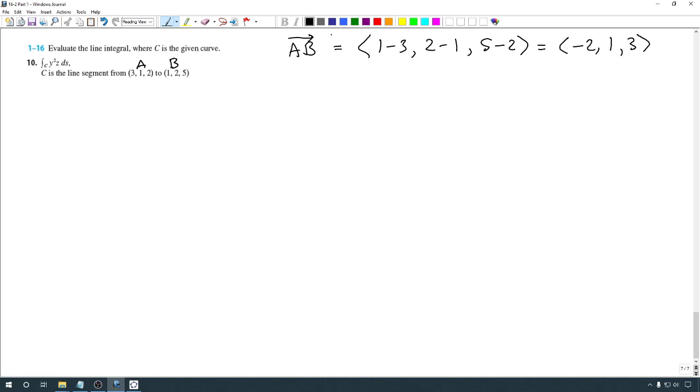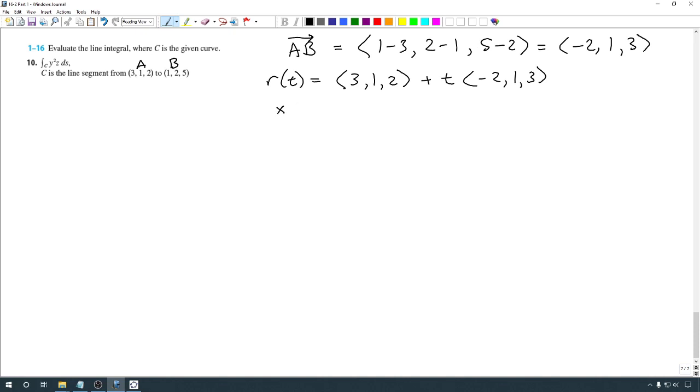And then we take this vector, we multiply it by a parameter t, and then we add it to our first point. We're essentially going to take r of t to be the vector (3, 1, 2) plus t times this vector here.